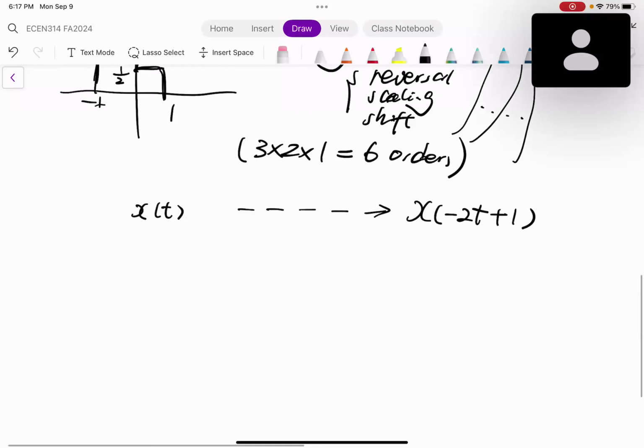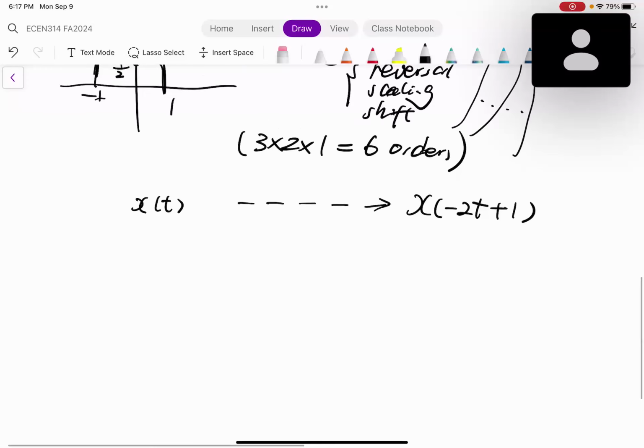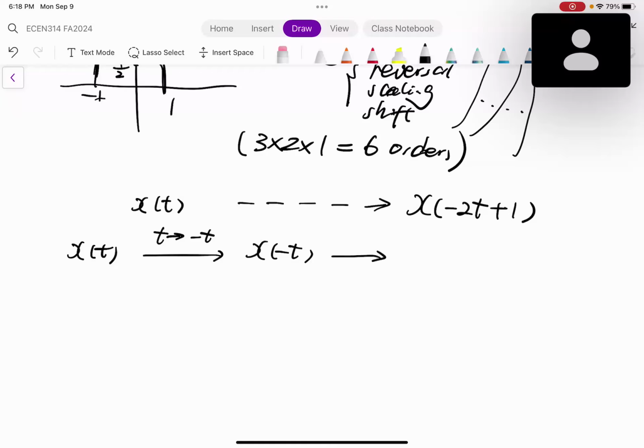If you're doing time shift first, that's very easy, so I'm not going to do that. I'm going to do time reversal first. I will change t to minus t. So that will give me x of minus t, okay? And then I will time scale.